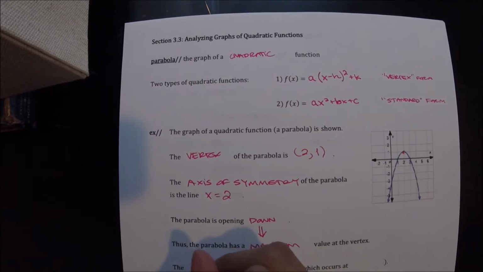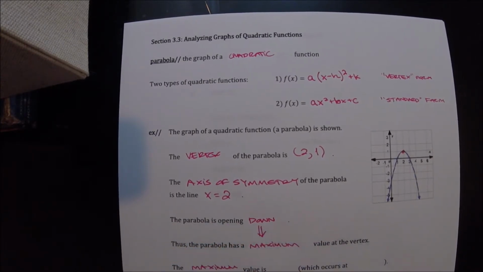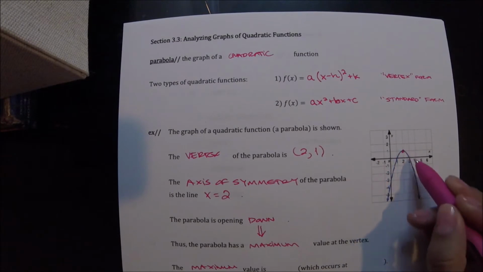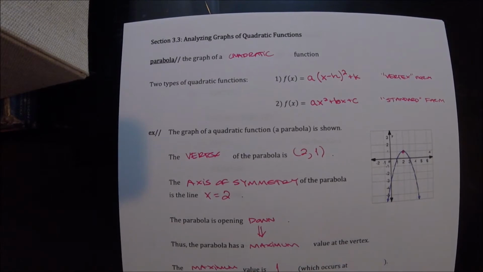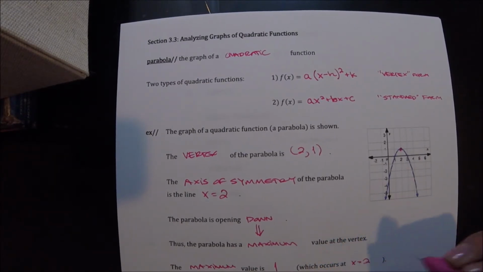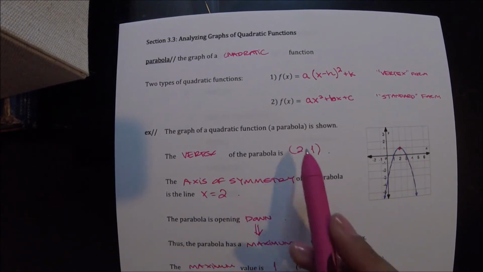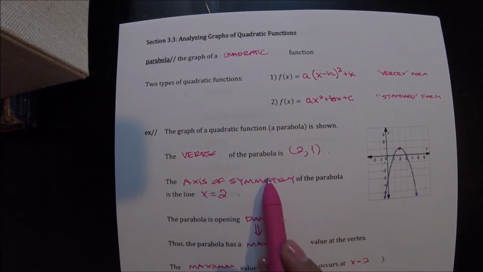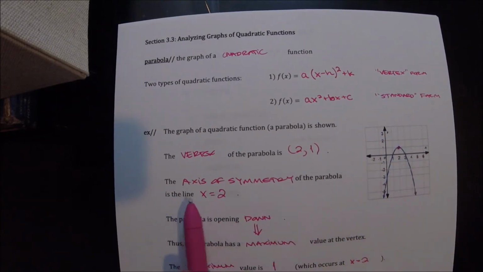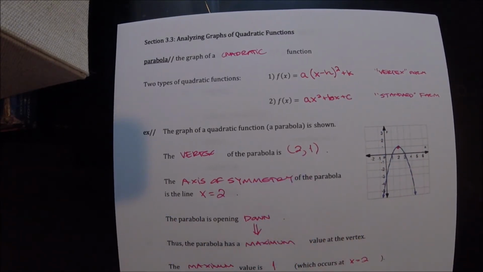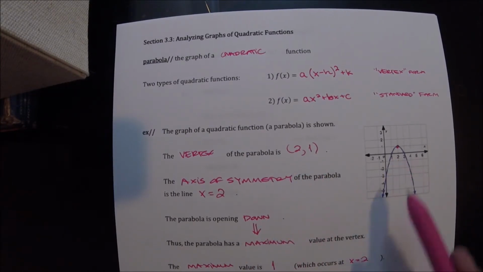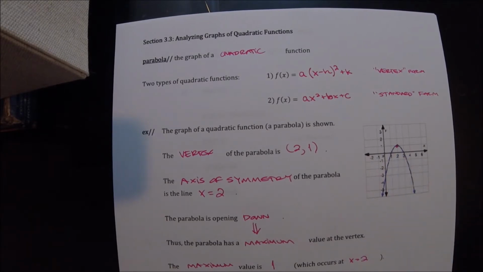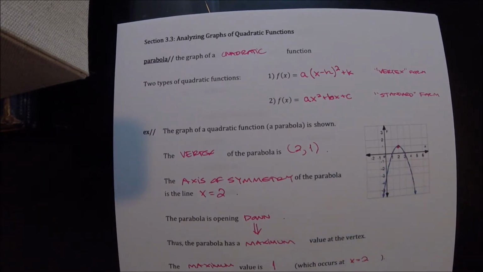And then the maximum value itself, the highest that it reaches, is 1, so the max value is 1, and that happens to occur at x equals 2. So all of these have to do basically with the vertex, because the axis of symmetry has to go through the vertex, so x equals 2, and then the max value would be the y value of the vertex, and it occurs when x equals 2. So that's just some basic vocab having to do with a parabola.